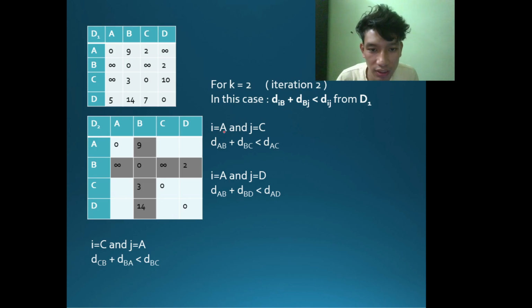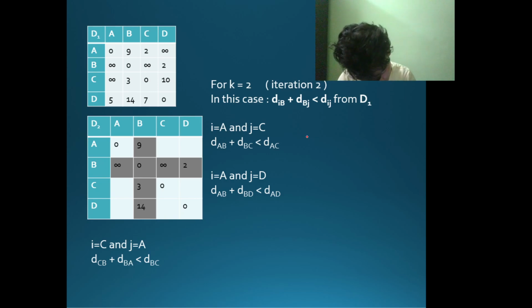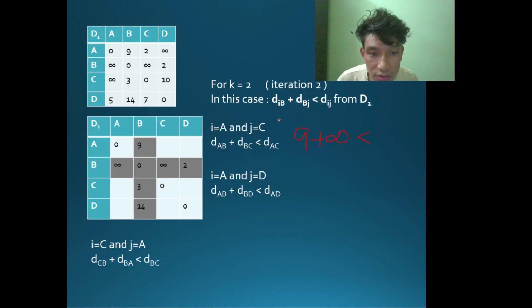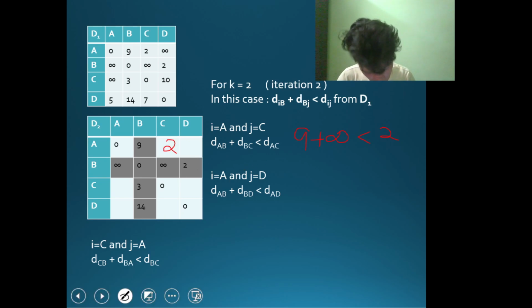So here we consider I is equal to a and j is equal to c, which is this one, and d of ab is 9 plus d of bc is infinity, less than d of ac from the previous matrix. D of ac from the previous matrix is 2. So infinity is not less than 2, which means that we will put the value as it is.